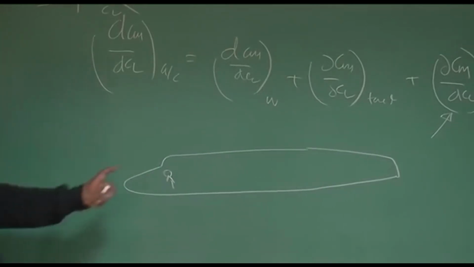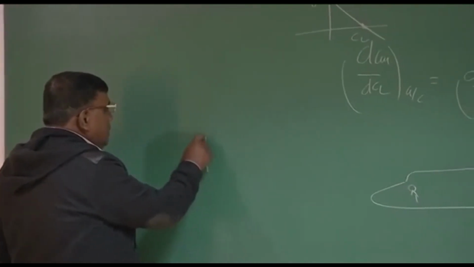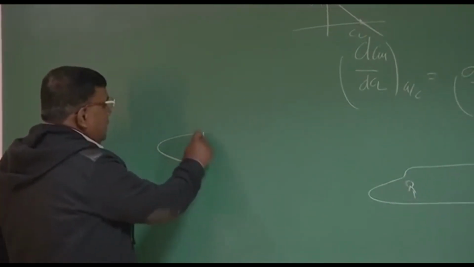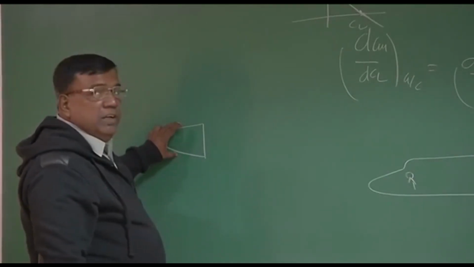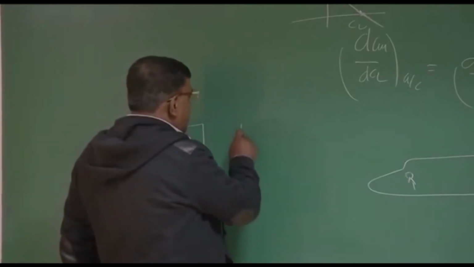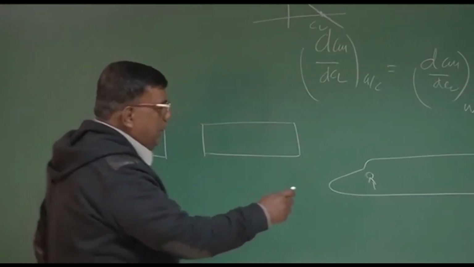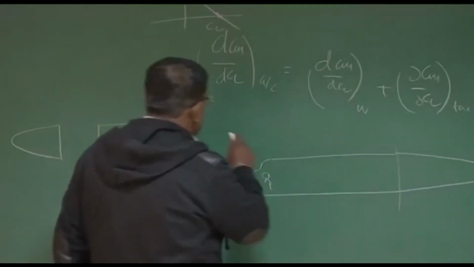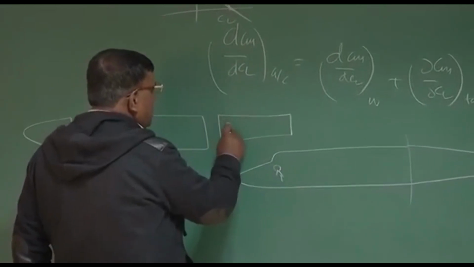Now, if I try to visualize it through most of the configurations which we have been exposed to in aerodynamics, this sort of a shape, it could be an ogival shape, it could be a conical shape, and the central portion I can think of as a cylinder, and the later part I can think of as a boat tail.